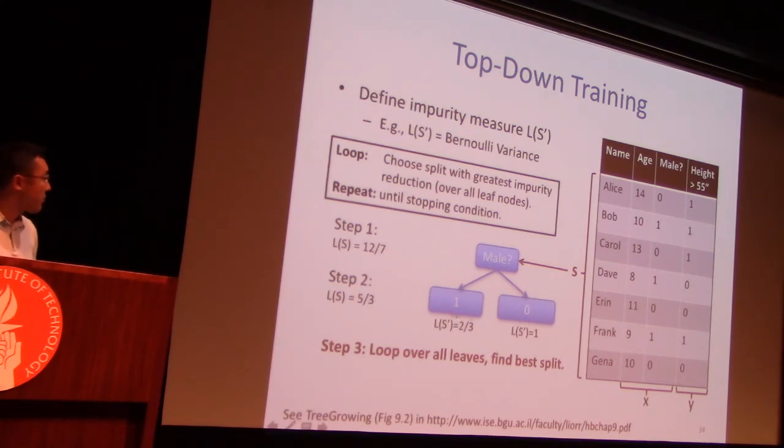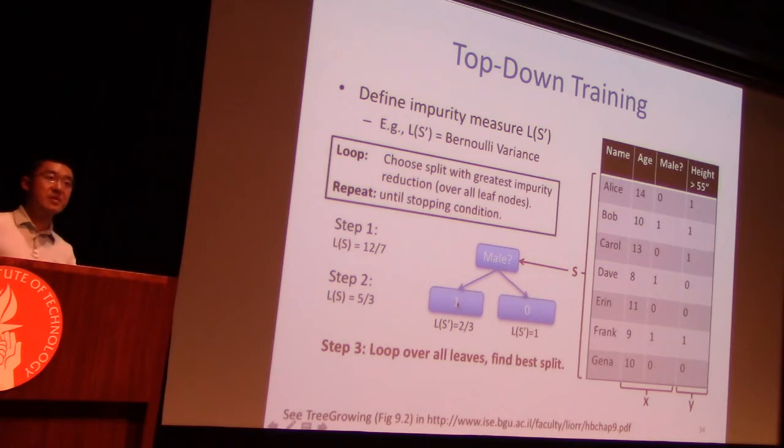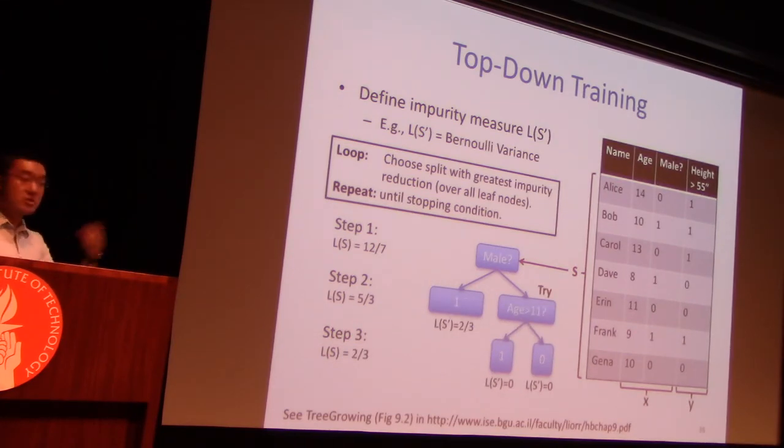And then now we recursively loop over all the leaf nodes, and we consider all possible splits of all the leaf nodes, and we commit to the split that has the best reduction in impurity, right? So we try this guy, we try this guy, we just go through a for loop over all the possibilities.